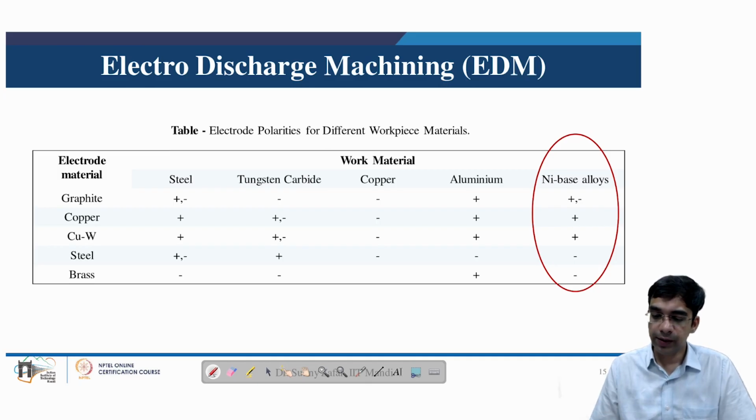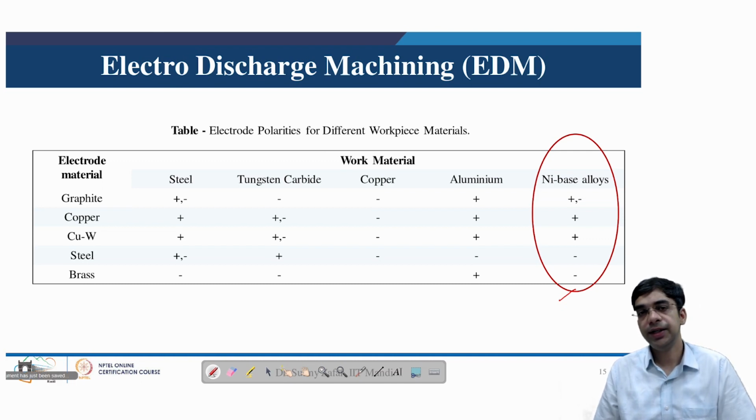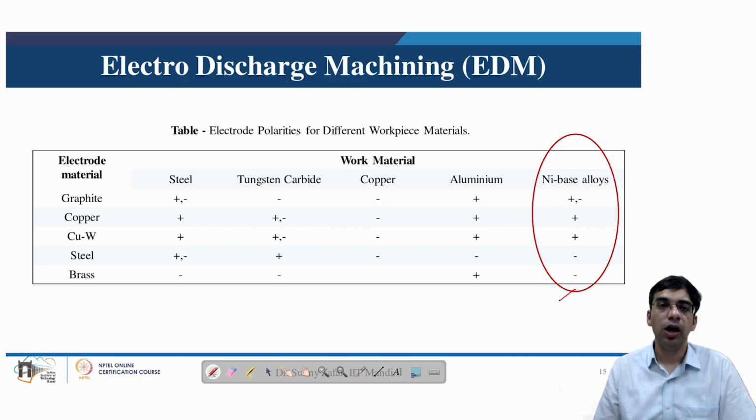And for nickel-based superalloys, as we can see, the various tools and their respective polarities are shown in the table. The role of polarity is also important because in some cases where very thin sections need to be machined, reverse polarity may also be used. However, using reverse polarity causes excessive tool wear.